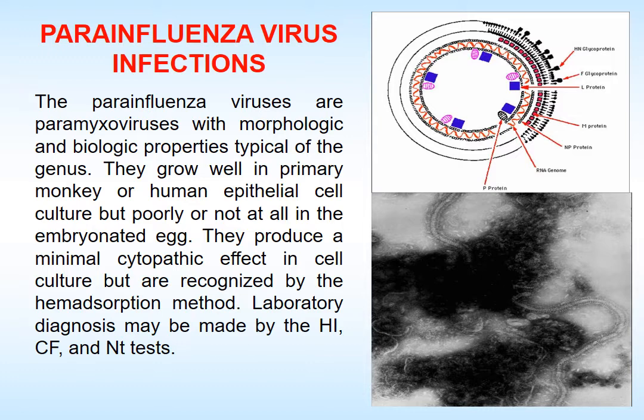They produce a minimal cytopathogenic effect in cell culture, but can be recognized by the hemadsorption reaction method, and laboratory diagnosis may be made by the hemagglutination adsorption inhibition test, by complement fixation test, and by neutralization tests.